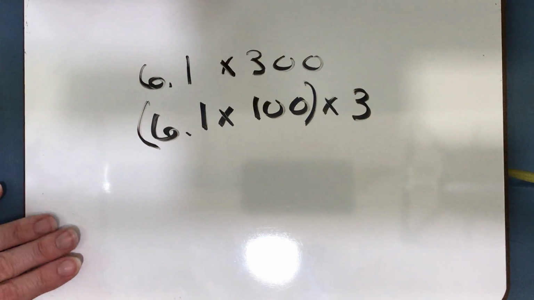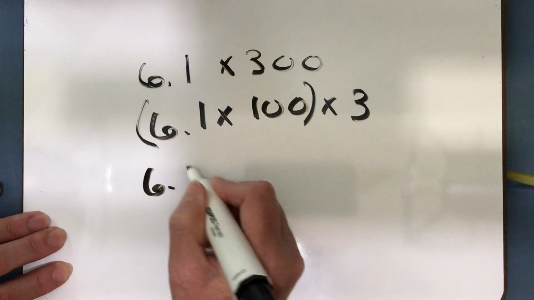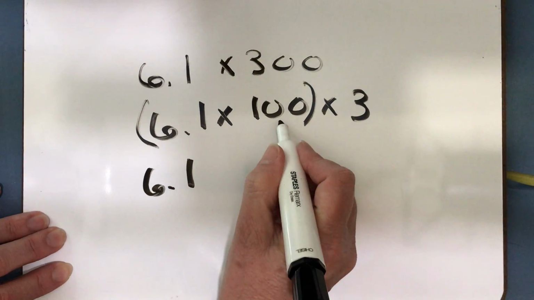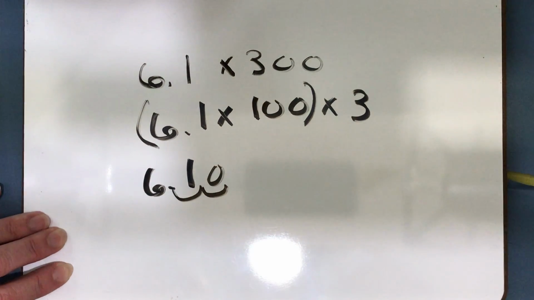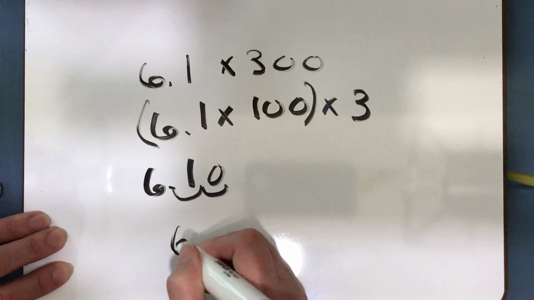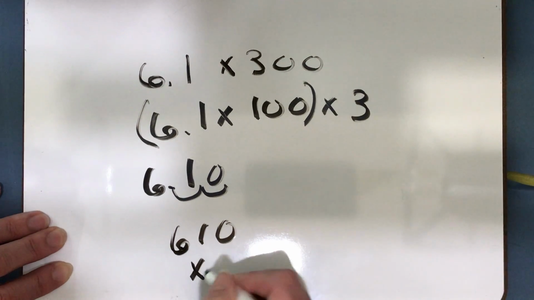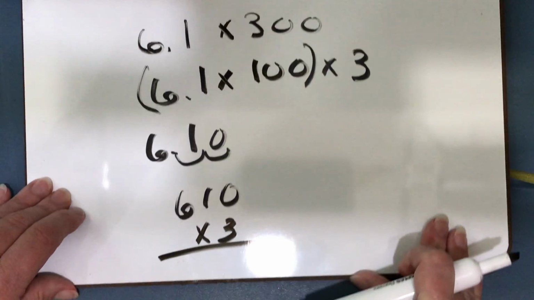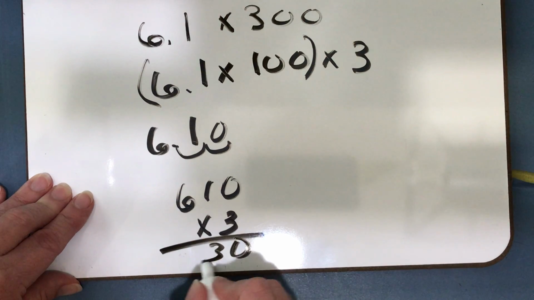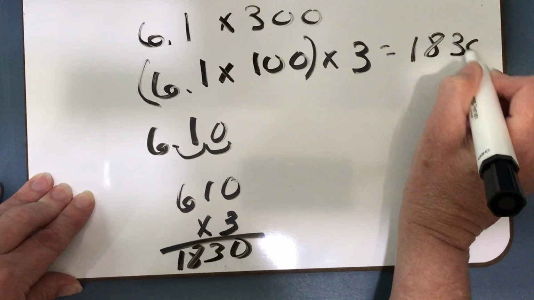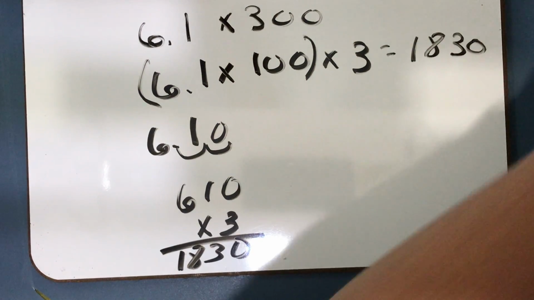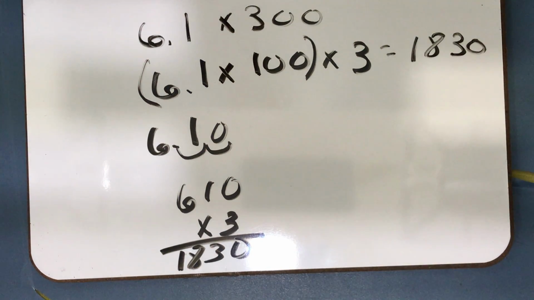Then you'll multiply your answer times 3. So I have 6 1/10 times 100. 2 zeros, so 2 decimal places. 1, 2. So that's 610 times 3. So that's 1,830.